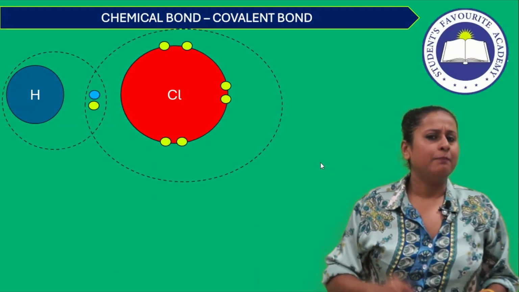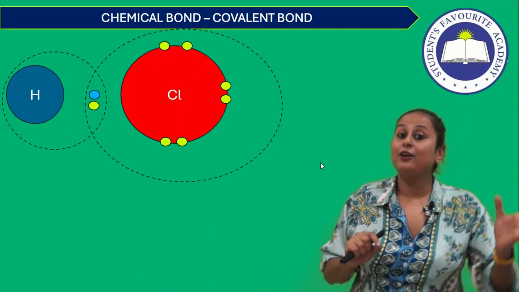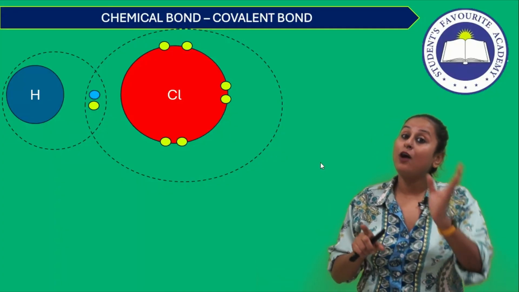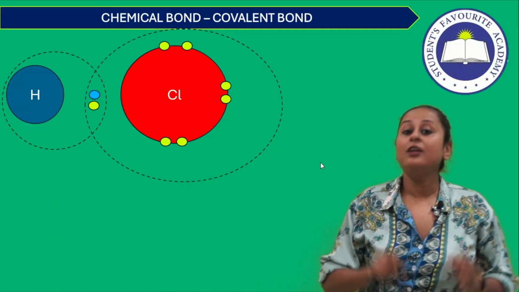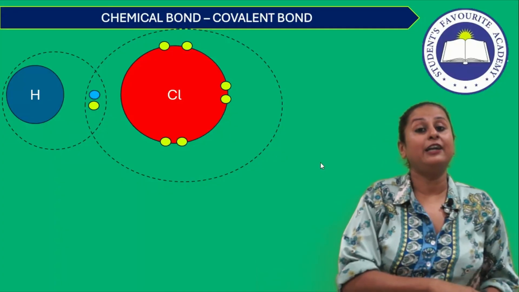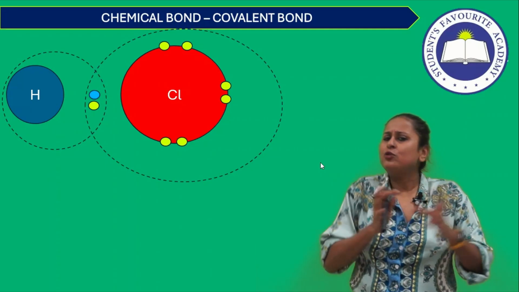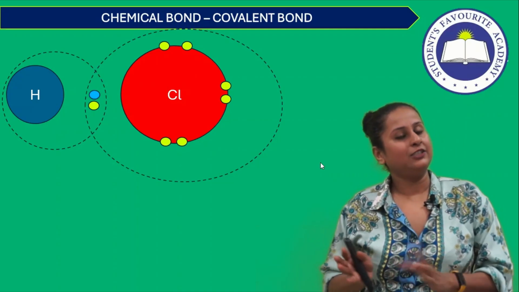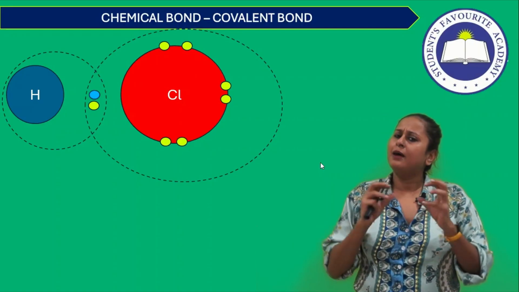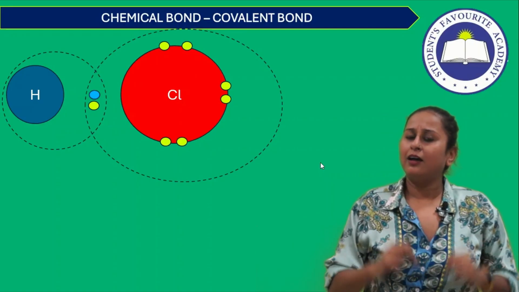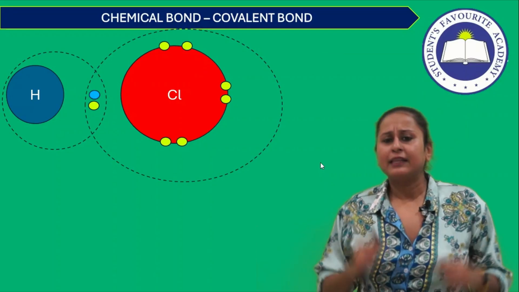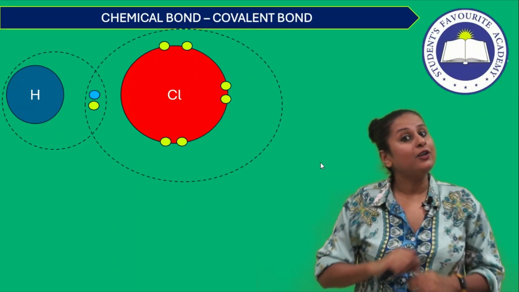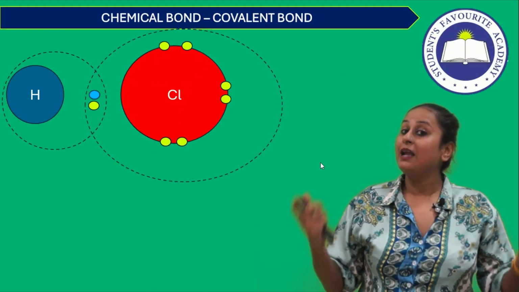Same for chlorine, by sharing 1 of its electrons, it got 1 electron from hydrogen, so it had 7 of its own, and now it has 1 extra electron because of the sharing with hydrogen. So both, by mutual sharing of electrons, by neither giving nor taking, just by sharing, can come to a satisfactory duplet or octet state. We can say that they have achieved stability in a molecular state even without forming ions.